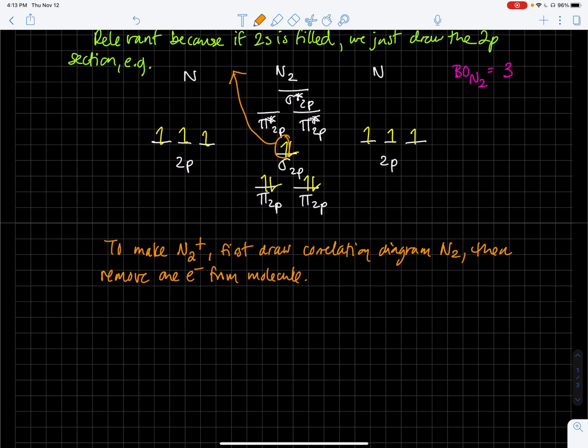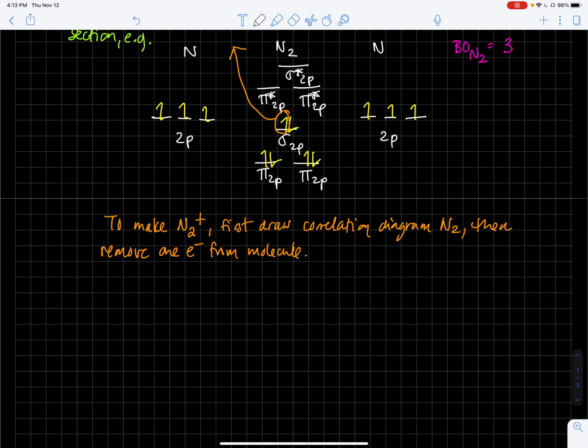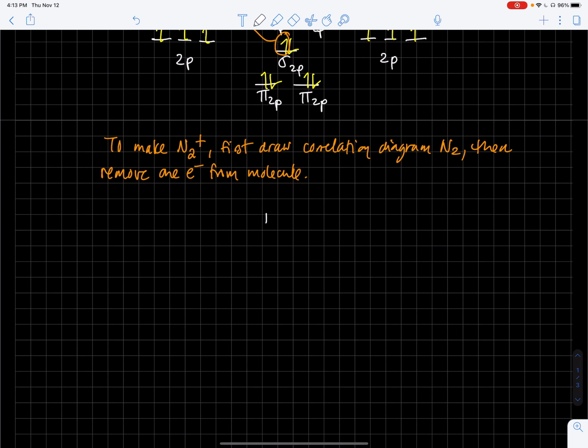If you want to actually go ahead and draw the correlation diagram for N2 plus, the reason I like to do it the way I did above is I don't really like to worry about, when I put 2 atoms together, where the electron got lost from. It didn't really get lost from the atoms, it got lost from the molecule.